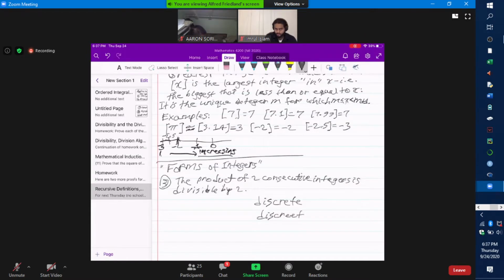Discrete means separate and distinct. We used to teach a whole class called discrete mathematics, and it dealt with things that are not calculus, like continuous. So we did graph theory, a little bit of number theory, simple probability, electrical circuits, things that were discrete as opposed to continuous.